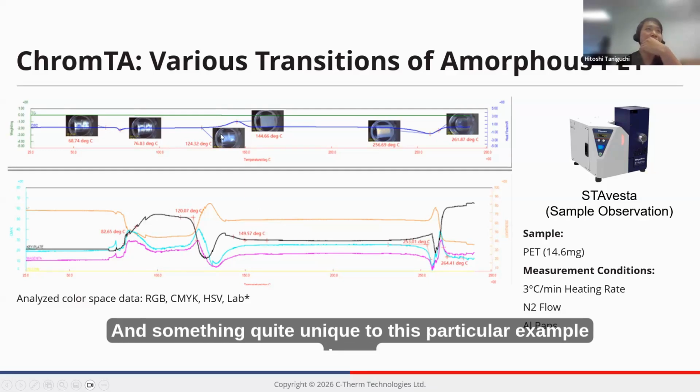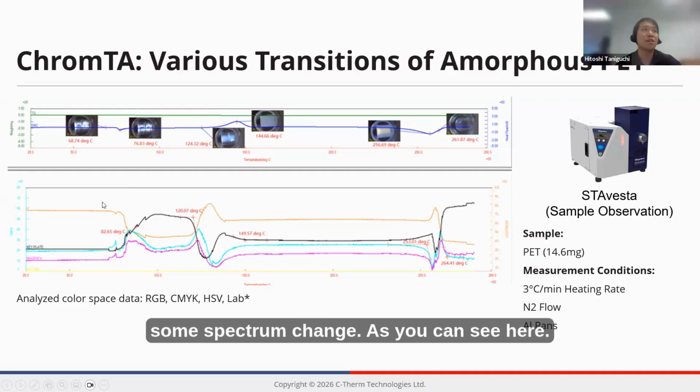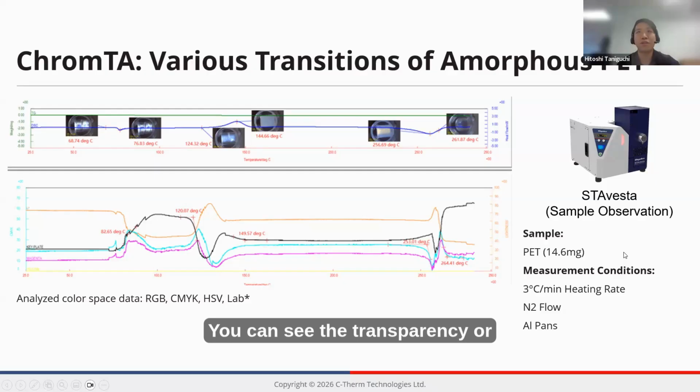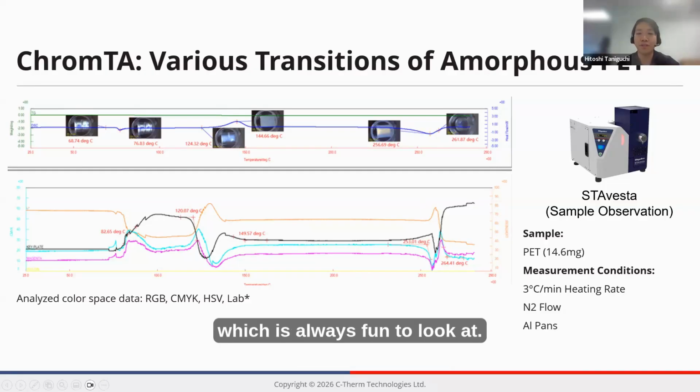And something quite unique to this particular example, which is PET, is that the glass transition actually causes some spectrum change, as you can see here. So it's quite interesting when you actually have it. You can see the transparency or opacity of the sample just drastically change after that glass transition point, which is always fun to look at.